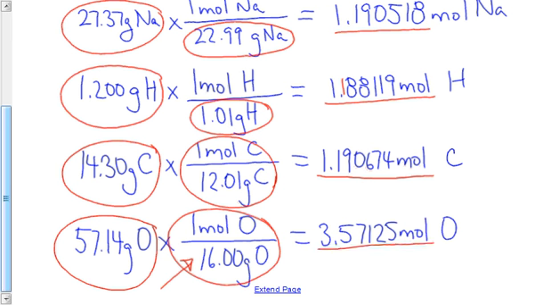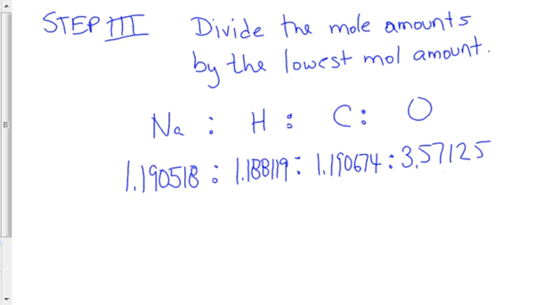So now that I know how many moles I have, I can move on to the third step. In the third step, I'm going to divide the mole amounts by the lowest mole amount. That way the lowest mole amount will become 1.